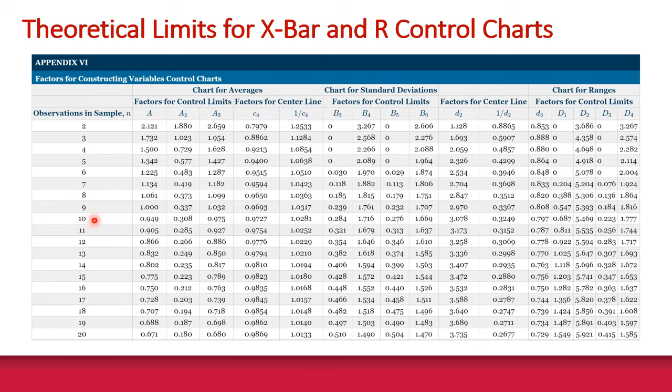That would be our sample size, n. Then we would come over to the right and follow along to get the factors for the constants, like D2 and D3, right off of this chart. Again, I'll show you how to do this in an example later, but I wanted to point out that these constants come from a table in the back of the book.